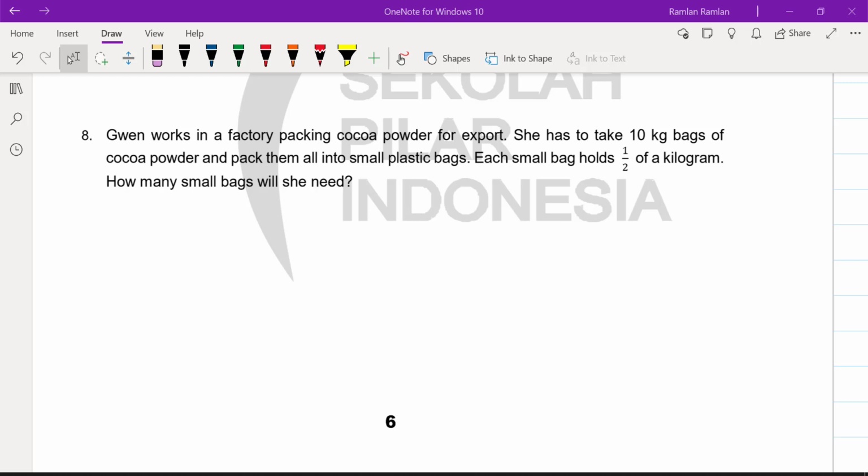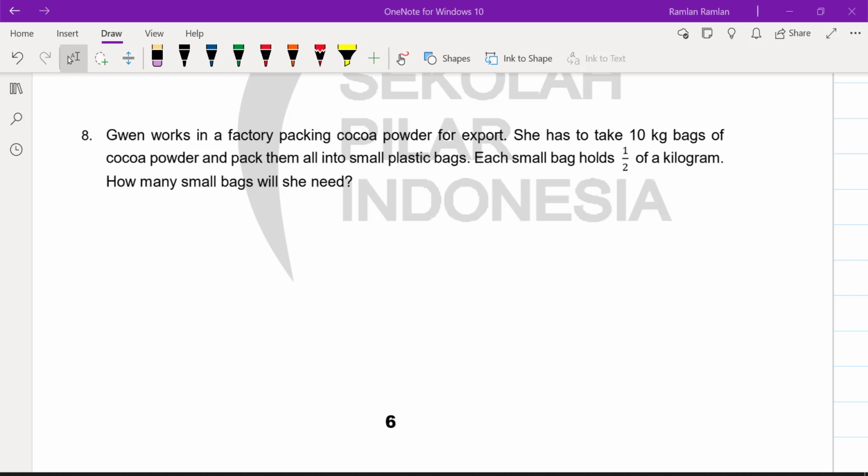Okay, number 8. Gwen works in a factory packing cocoa powder for export. She has to take 10 kilogram bags of cocoa powder and pack them all into small plastic bags. Each small bag holds 1/2 of a kilogram. How many small bags will she need?